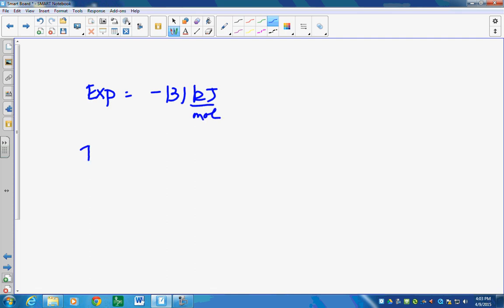The theoretical value, the one that you get from the tables, is negative 151 kilojoules per mole. I lied, this is 137. Okay, in other words, this is our answer for E, and this is our answer for D.